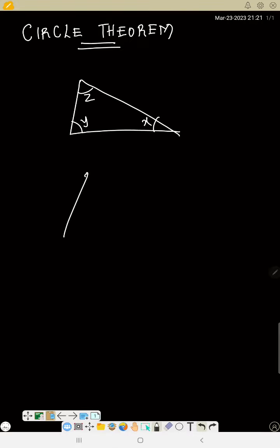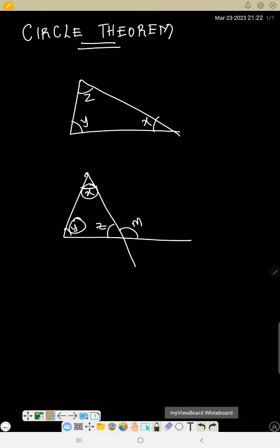Anytime a triangle is extended outside, let's call this place m, this place x, this place y, and this place z. That means x plus y will be equal to m. Take note: the exterior angle of a triangle is equal to the sum of the two opposite interior angles.